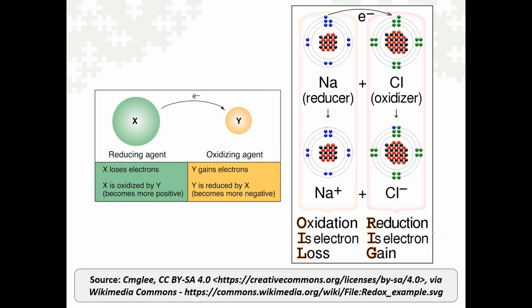So reduction is the gain of an electron. Oxidation is the loss of an electron. So if we could just say over here, reduction is the gain, oxidation is the loss. So a reducing agent reduces an oxidized compound. And therefore, in the process, the reducing agent becomes oxidized because it's lost an electron.